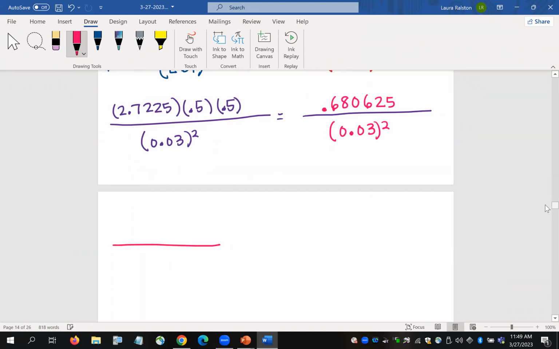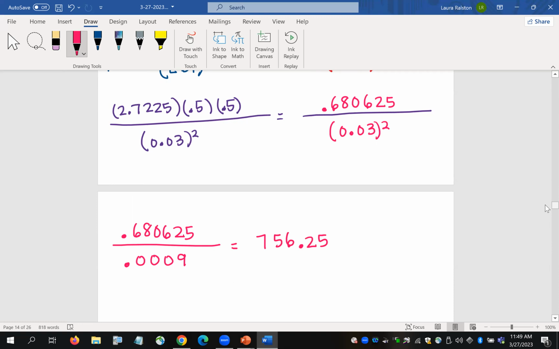Now I'm going to deal with the denominator. So I need to square the value in the denominator. So 0.03 squared is 0.0009. Now I'm ready to do the division. So 0.680625 divided by 0.0009 equals 756.25.